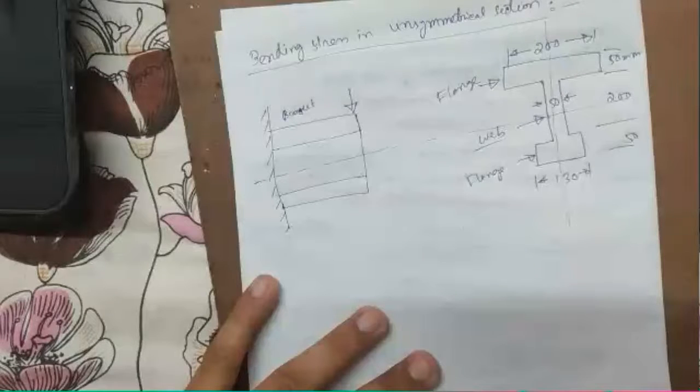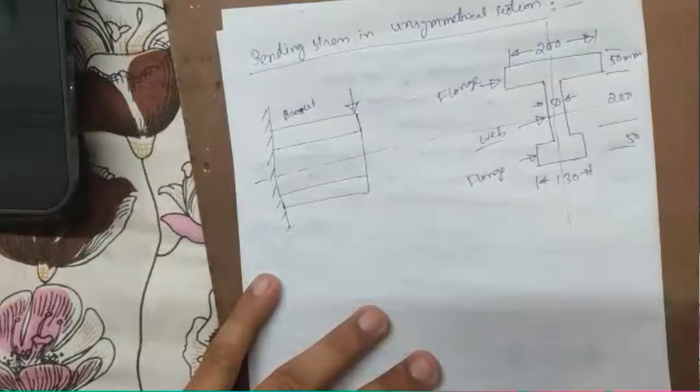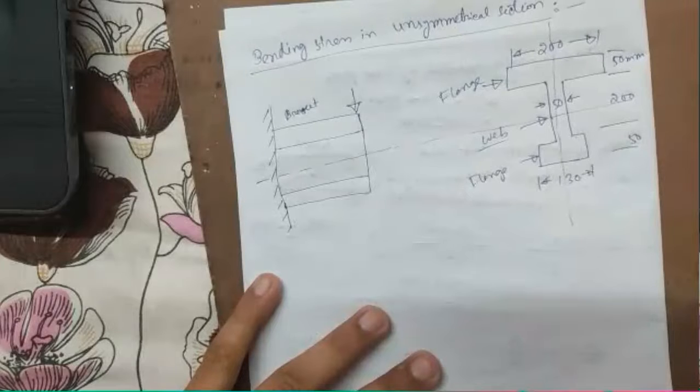Okay, so the first job is to find out the neutral layer. The neutral layer is at the CG of the section, so the first job is to find the CG of the section.